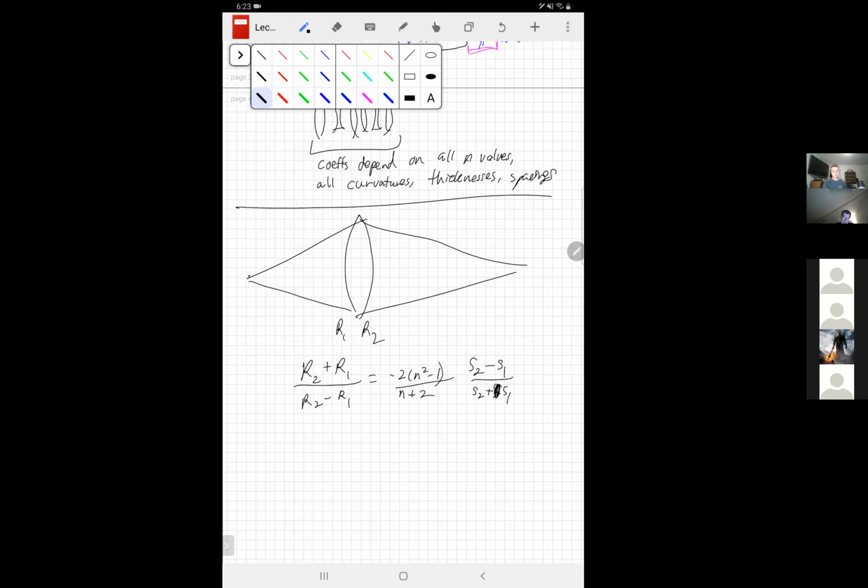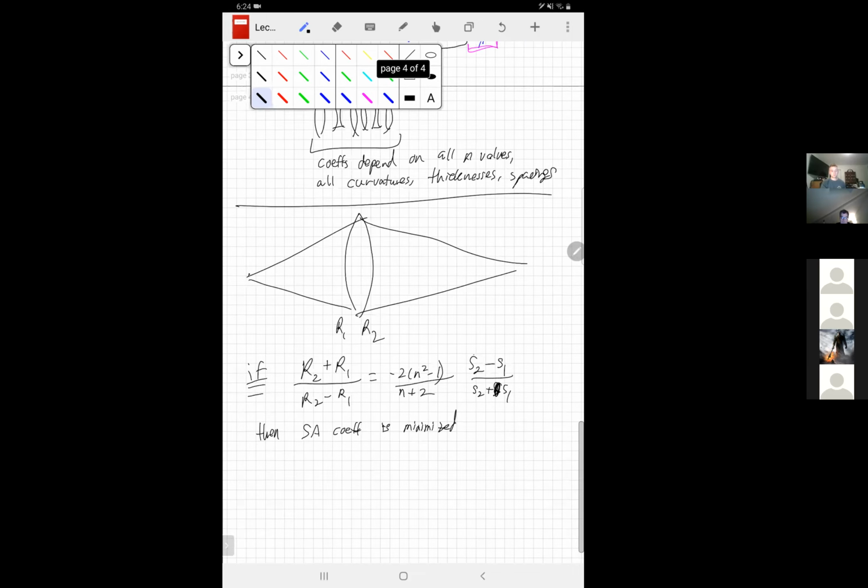All right. The rule is this. People found in the 19th century that if this equation is satisfied, then the spherical aberration coefficient is minimized.